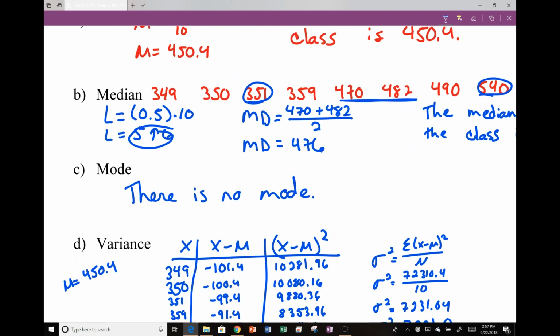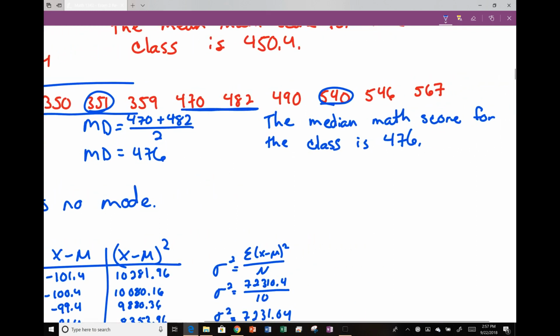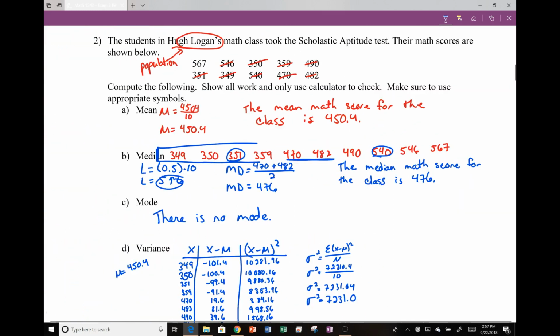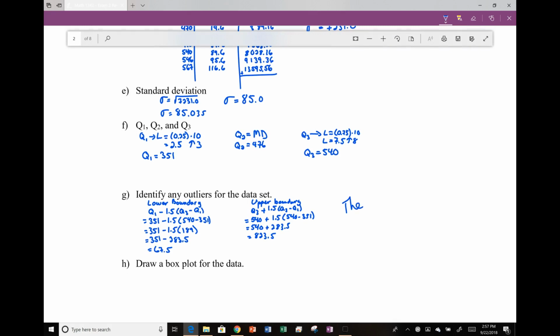My lower boundary was 67.5. Well, it's way down here. Okay. My upper boundary was 823. It's way up here. Notice if I draw my box in around here, I do not have any values outside of this box. That signifies that there are no outliers. So there are no outliers.